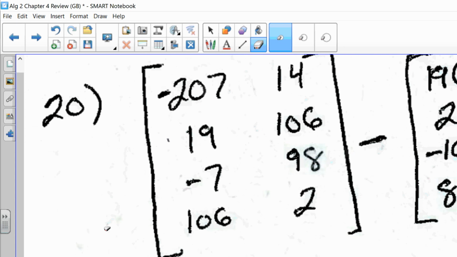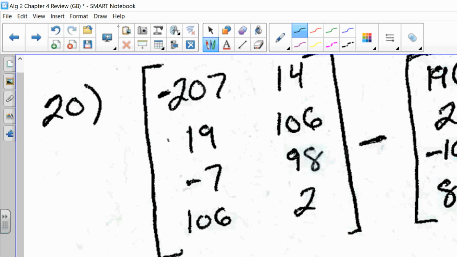So we could type it all in, or if we did this by hand, because negative 207 minus 196 is going to be negative 403. 14 minus 108 is going to be negative 94. 19 minus 2 is 17. 106 minus 14 is 2.